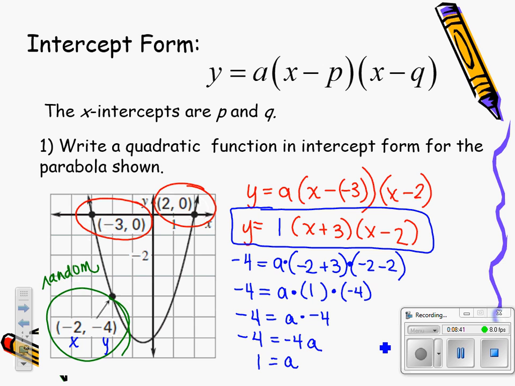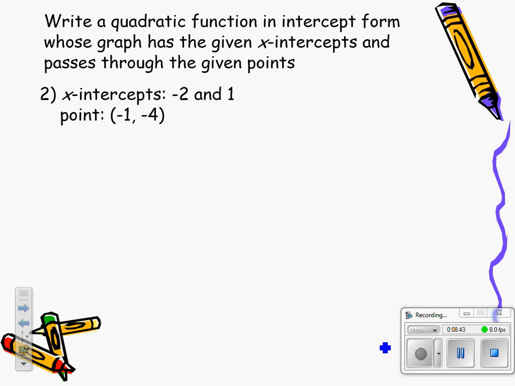All right, let's try that one more time. Write the quadratic function in intercept form whose graph has the given x-intercepts and passes through the given point. Again, this time I don't have a graph, but I have the information I need. I have my x-intercepts and I have my random point, which represents my x and my y.